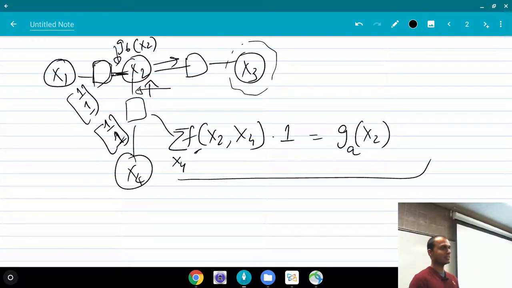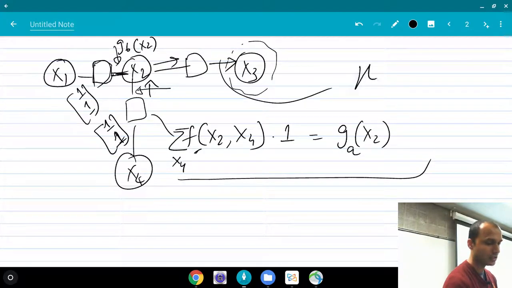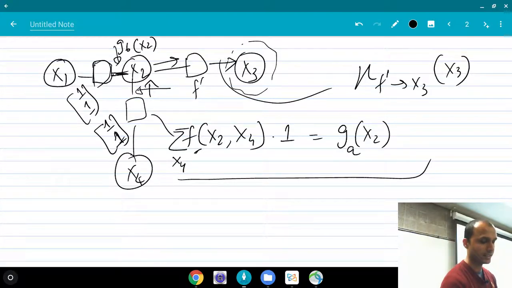It multiplies that message with its local function, which is a function of x2 and x3, sums over x2 and passes a message to x3. The actual notation is mu of, let's call this f prime, f prime to x3 of x3, but that doesn't matter.